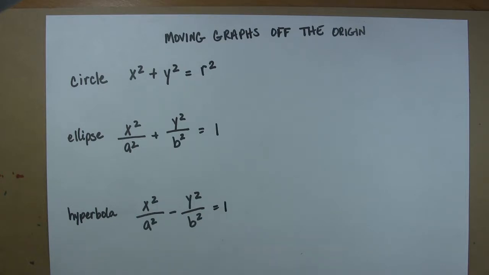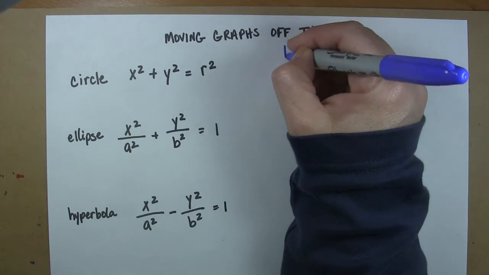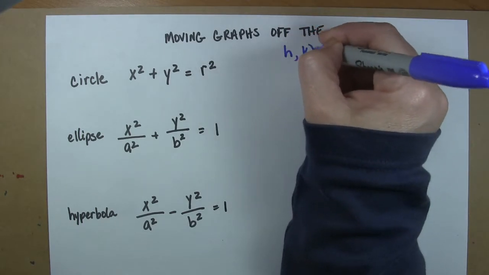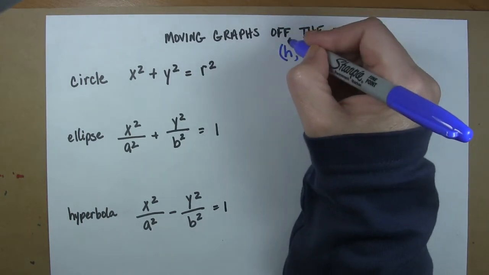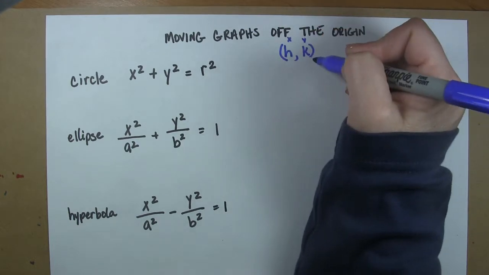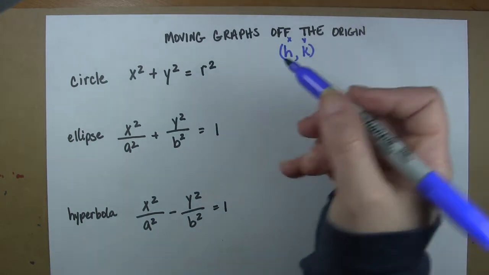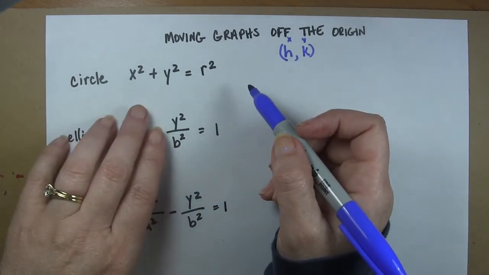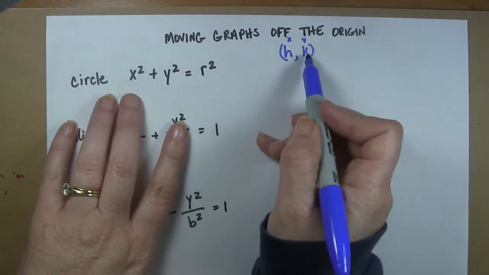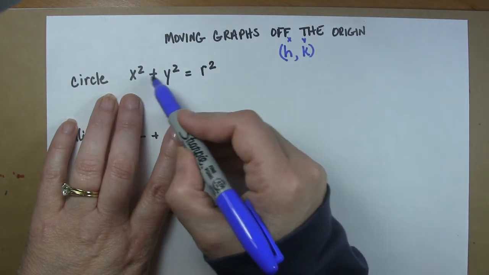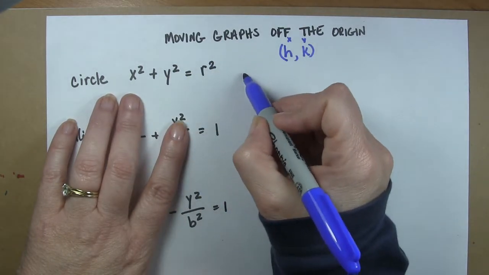As soon as we want to make our circle move off the origin, or our ellipse, or our hyperbola, we introduce two new letters. We introduce h and k. And this is the x value and the y value of the new center point. And we modify our original equation by sticking h and k in there, messing with our x squared and our y squared.